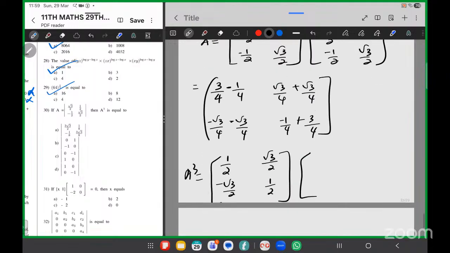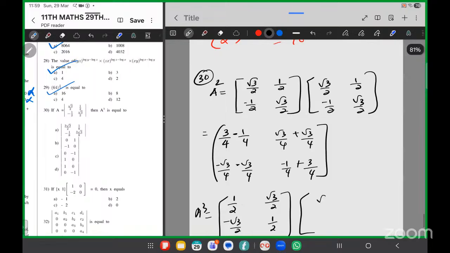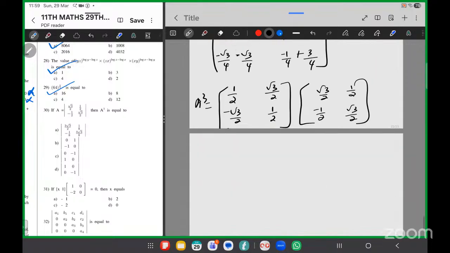A can be written as root 3 by 2, 1 by 2, minus 1 by 2, root 3 by 2. So 1 by 2 into root 3 by 2, what will come? Root 3 by 4. This is minus root 3 by 4. This is, if you multiply, 1 by 4 plus 3 by 4, this is 3 by 4.